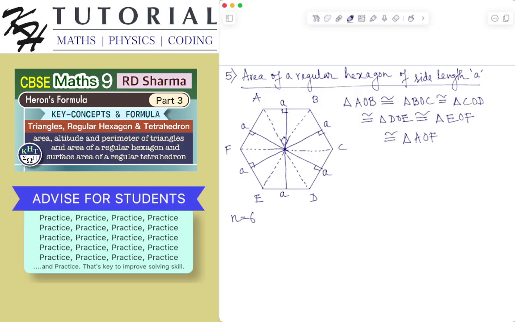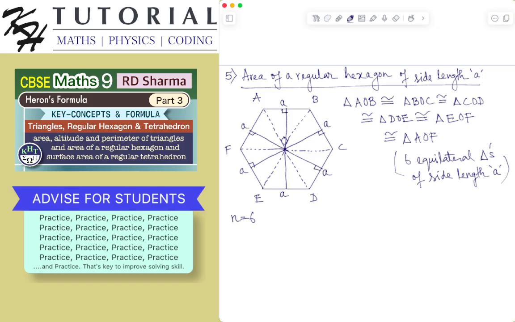You can also see that the entire area of the regular hexagon is formed of these 6 equilateral triangles, where each of these equilateral triangles is having a side length of a, which is the length of the side of the regular hexagon.